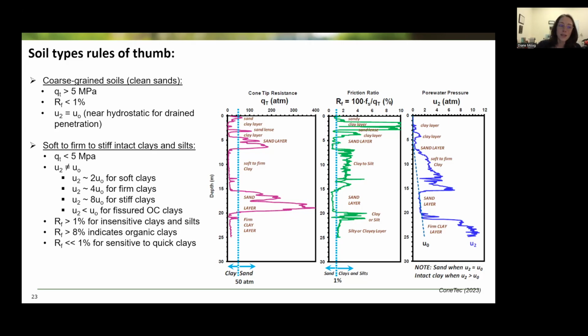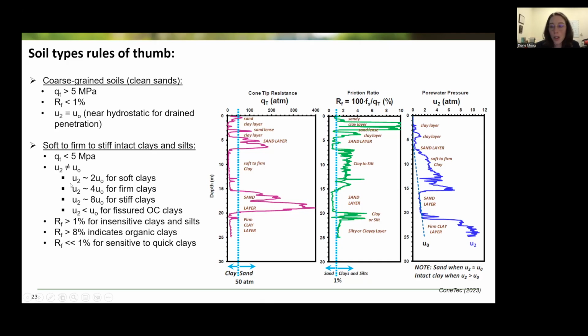On the other hand, for clays that are soft to firm to stiff, intact clays and silts, cone tip resistance tends to be less than 5 MPa. And with clays, because clays have relatively low permeability, any pore water pressures that are generated by the clays are not dissipated or consolidated as quickly as they're generated, and we tend to have undrained conditions for penetration in clays.